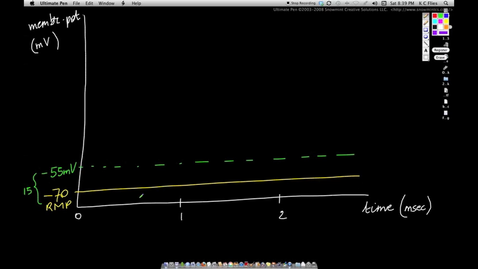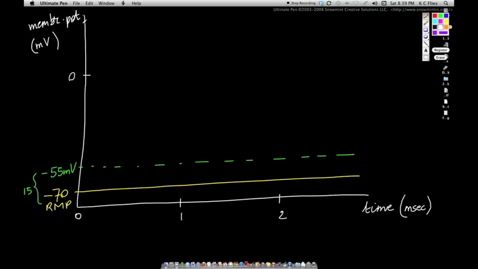We're going to add a couple more numbers, and that is 0.0. And then we're also going to add that point where the difference from minus 70 is 100 millivolts. So if we cause depolarization to occur to where there's a change in the resting membrane potential of 100 millivolts, we would reach about plus 30.